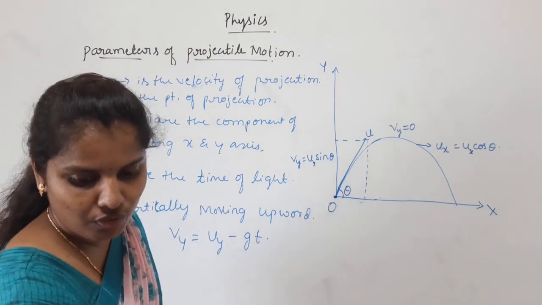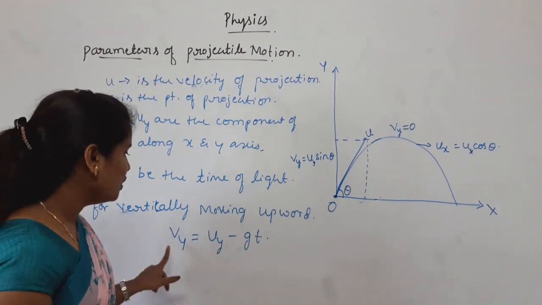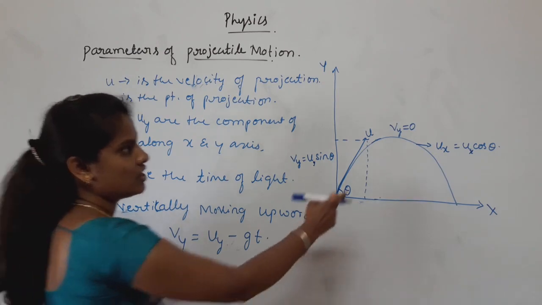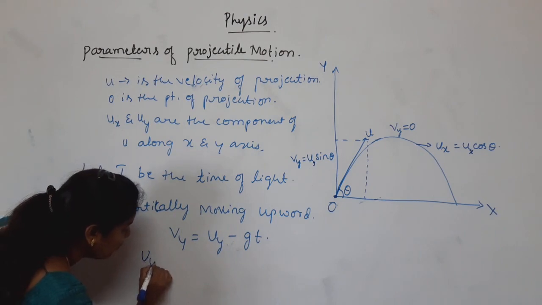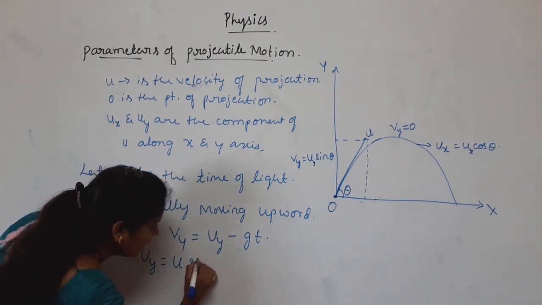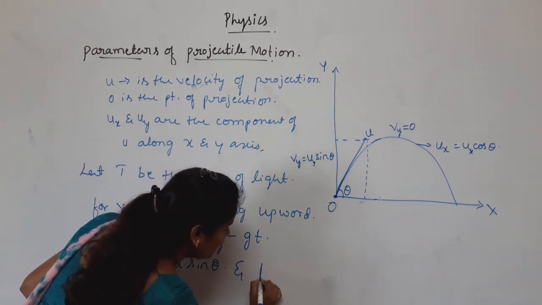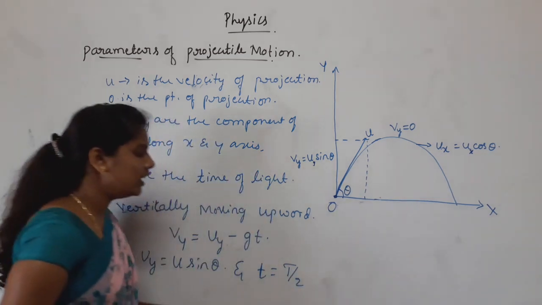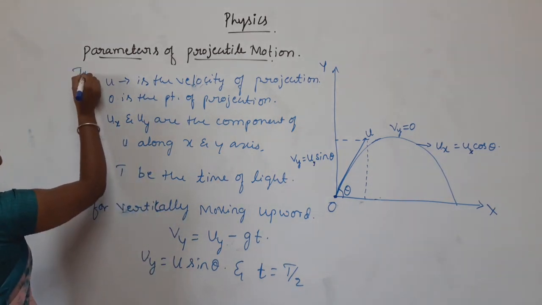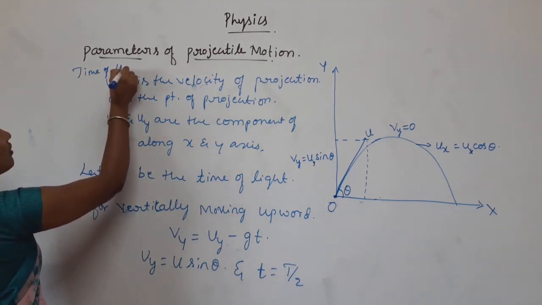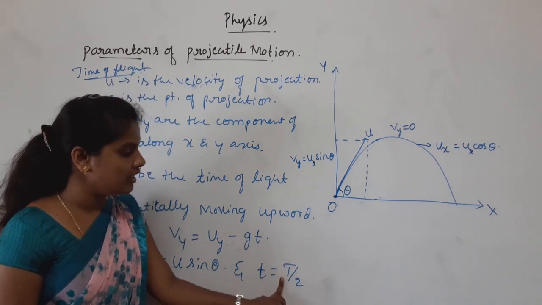This is the equation when the projectile moves in the upward direction. Here Vy is 0, and Uy equals U sin theta. So small t becomes T divided by 2. Here capital T represents the time of flight.